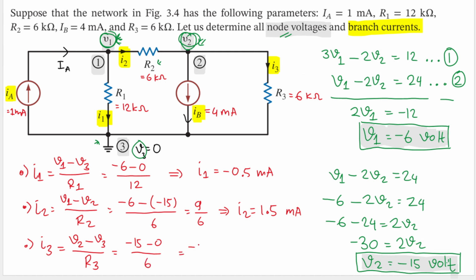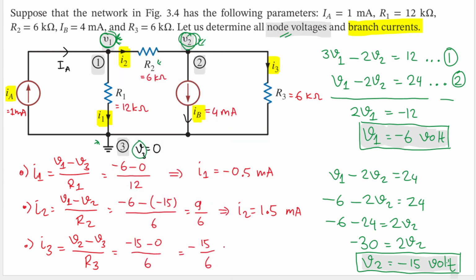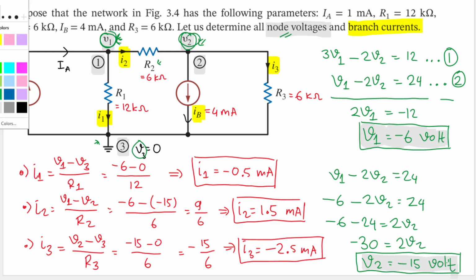So we have minus 15 divided by 6, which is minus 2.5. So I3 is equal to minus 2.5 milliampere. This is all the unknown branch currents from the circuit: I1, I2, and I3. Let's highlight that in yellow so that we know those are the branch currents.